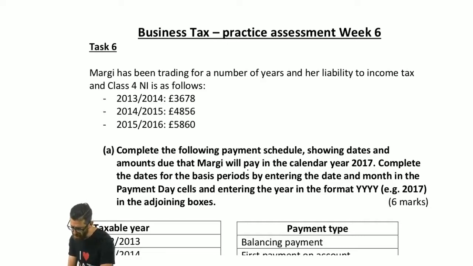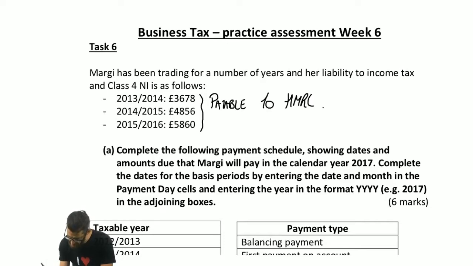So Margie perhaps is a sole trader. Incorporated, no, but a sole trader, and has tax and class 4 national insurance that total. So this is the amount payable, these figures here. This is payable to the HMRC. But the question is, when does she have to pay that?